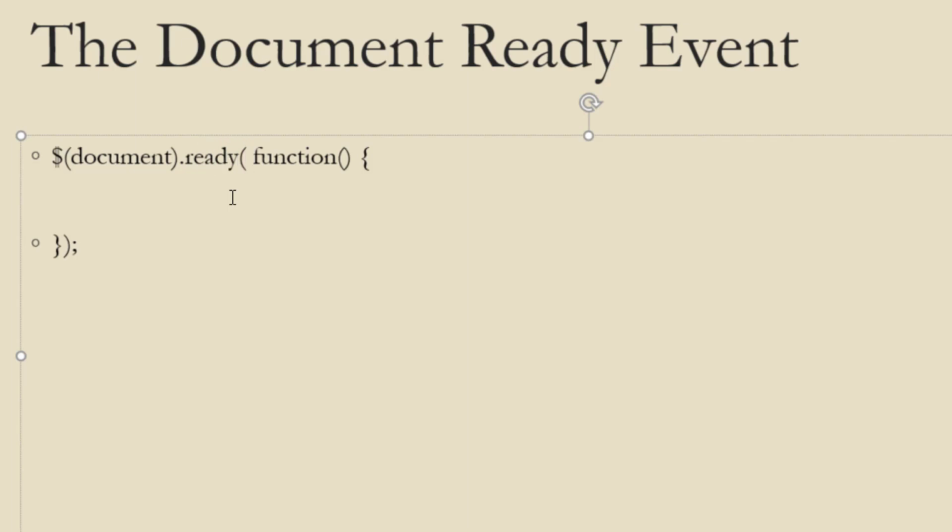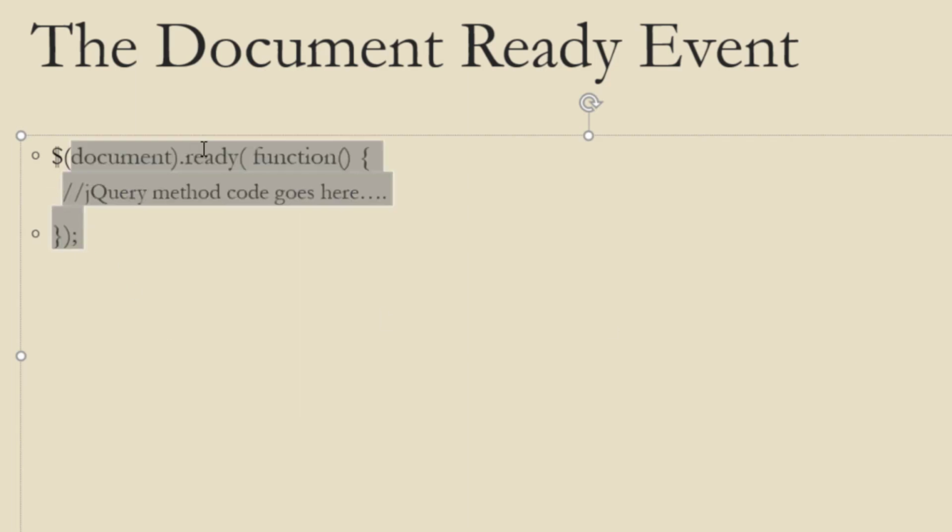So what happens is when the document becomes ready, it calls this function, and whatever code you write in the body of the function, so you can say the jQuery method code goes here. So this pretty much will run. So if you were to do something like this in vanilla JavaScript, it will take you a lot of efforts to do that.